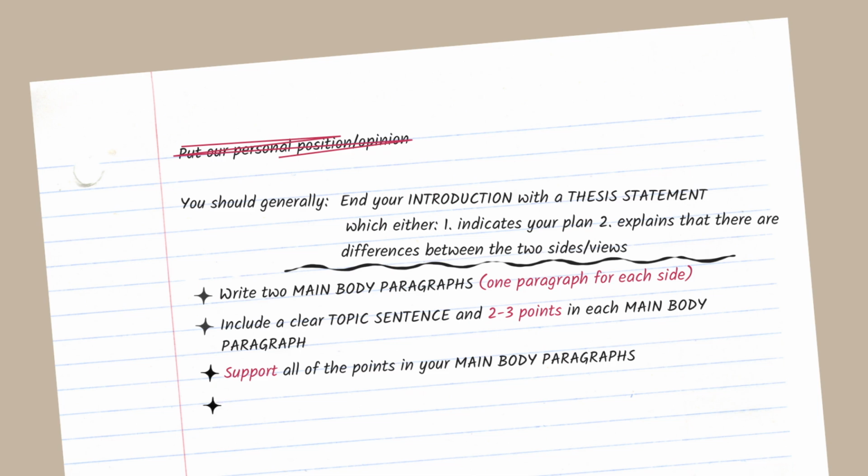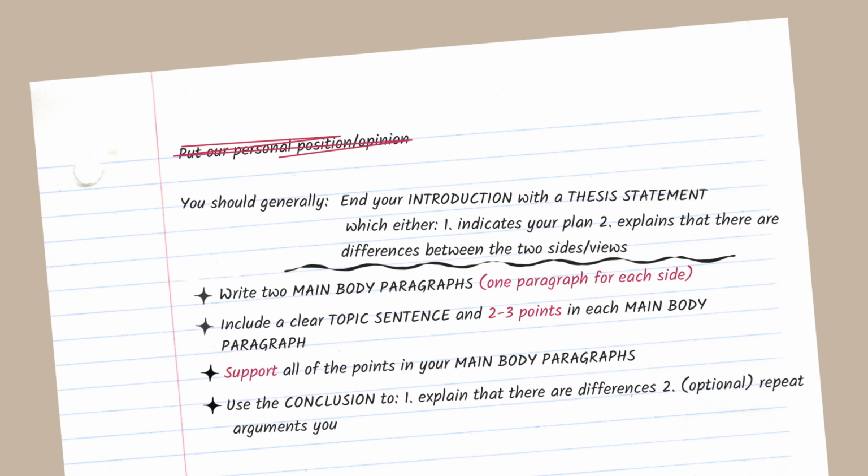And then you use the conclusion to explain that there are differences, and you repeat arguments you used. That is optional. It's not necessary. And you state your opinion, which again, is optional. And you express a wish, hope, or suggestion. That's the overall plan of our essay in writing advantage and disadvantage.